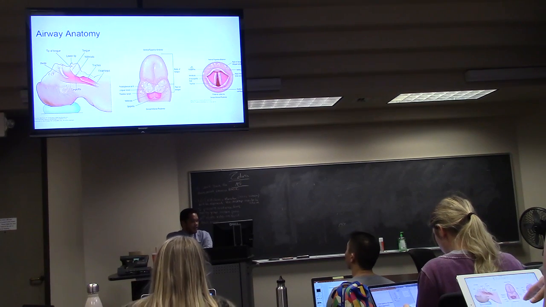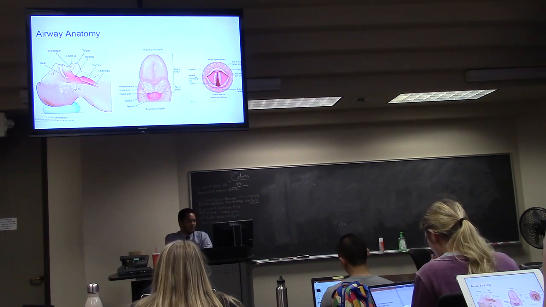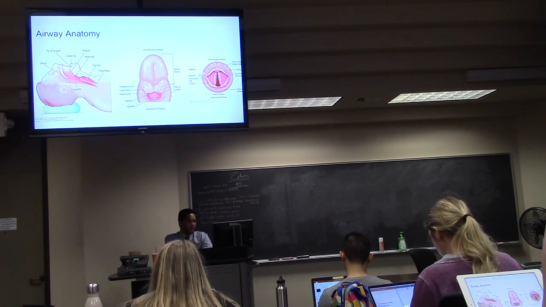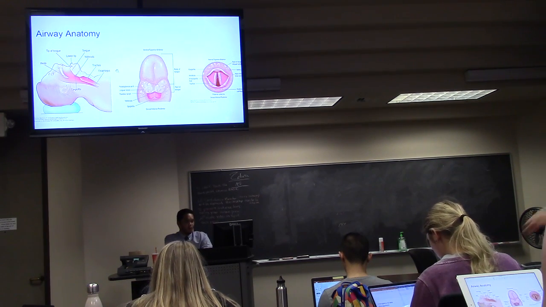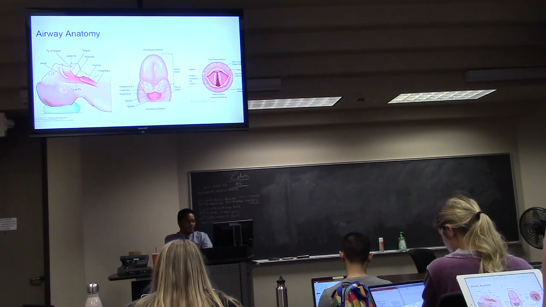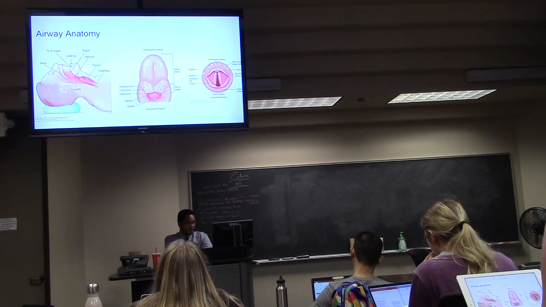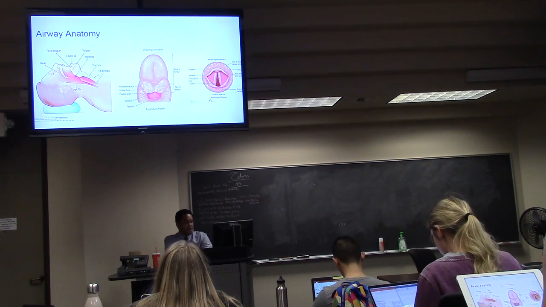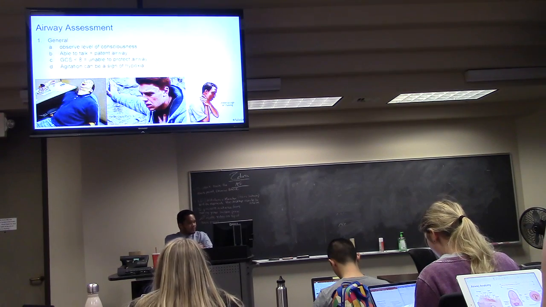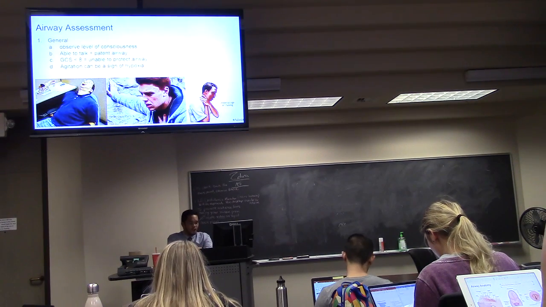So this is the overview of the airway that you would assess during assessment of respiratory failure. You need to look for where they're having problems. Is it in the oropharynx? Is it in the upper airway? In airway assessment, the first thing to do is to observe the patient.